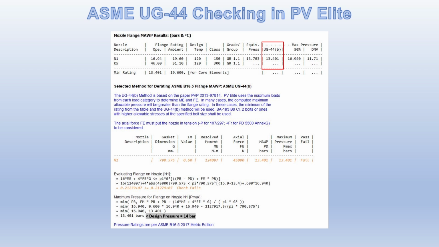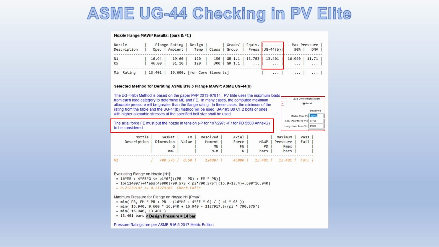There is one important point where the nozzle loading is added. The axial force value must be a negative value for tension. The axial force P value must be negative, as I have shown in the snapshot.